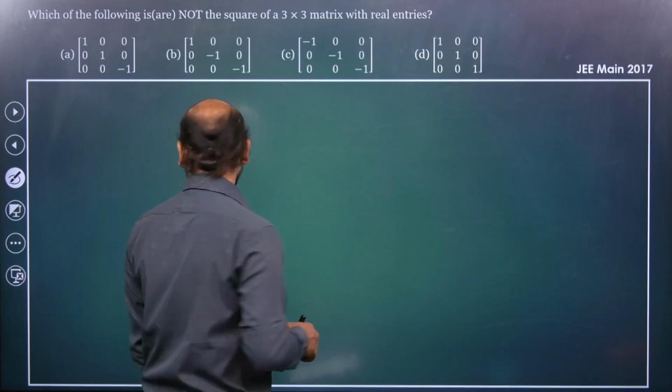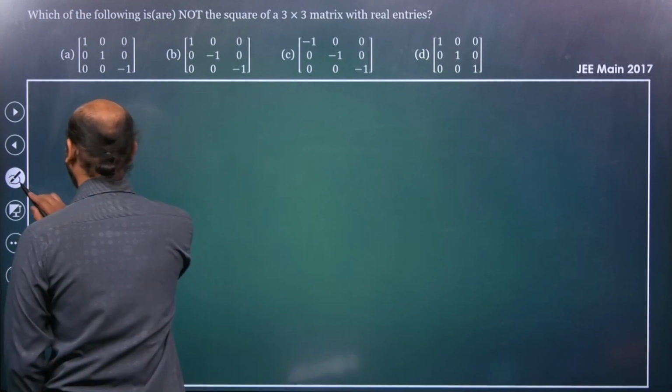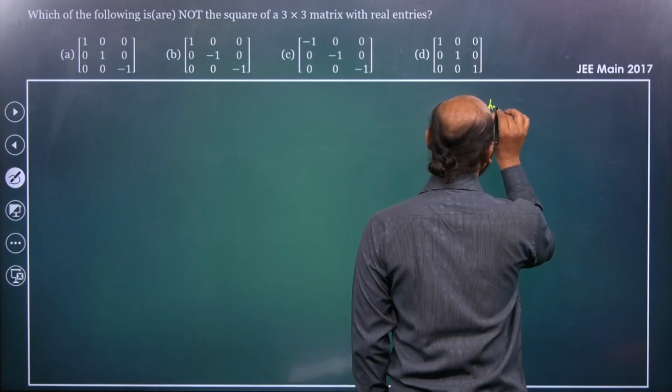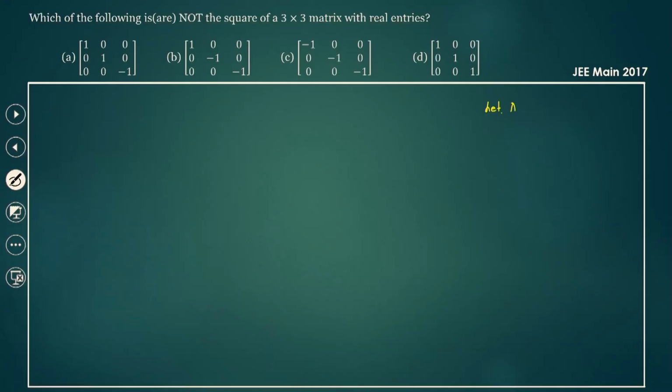Let's see that. Here we have to understand a basic concept. Let A be any matrix of order n. We just consider a square matrix, n cross n.